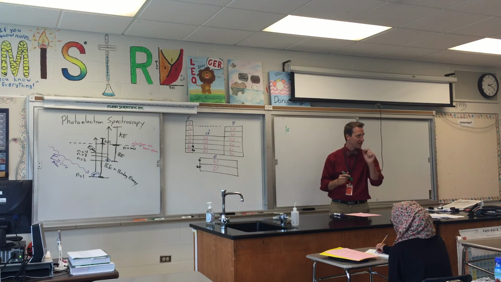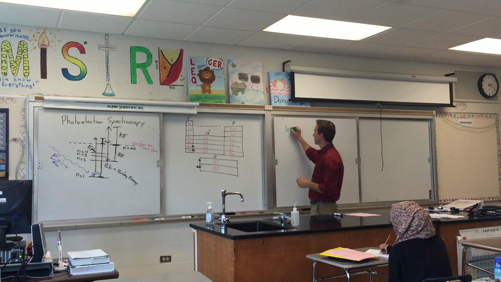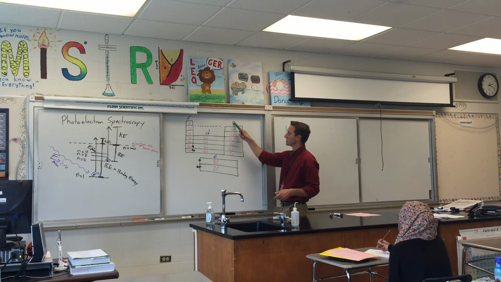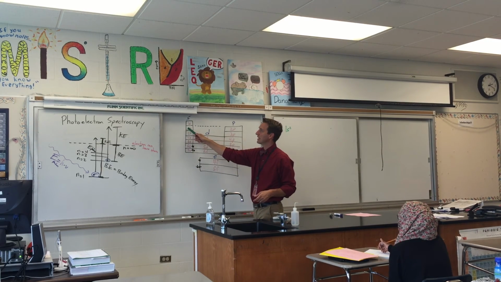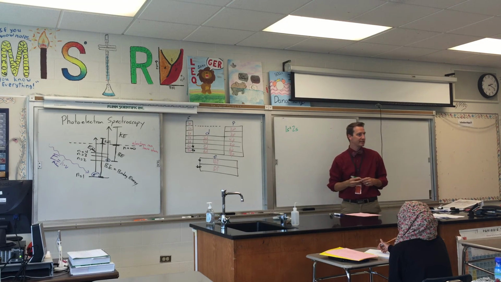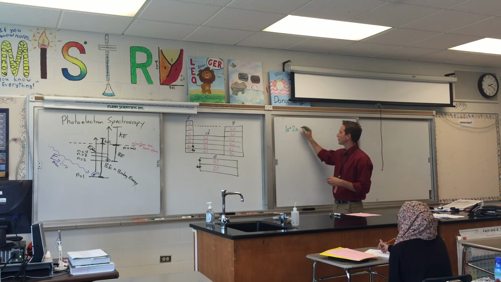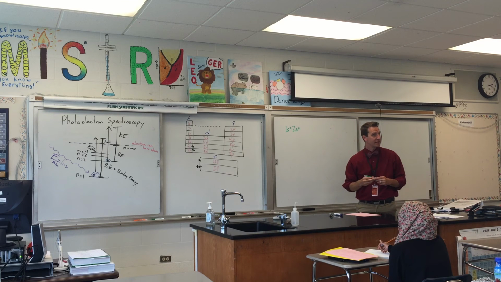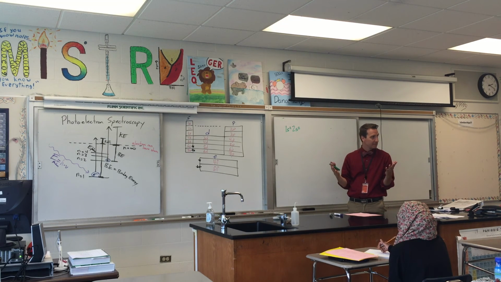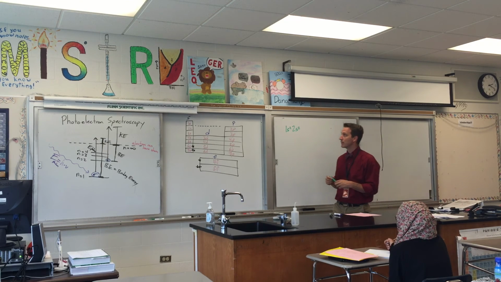So how many elements are in that column on the left? 2. So 1s can hold 2. We go across, there's nothing there, so we go to the next row. The next thing we hit is 2s. How wide is the 2s? 2 elements, so it can hold a maximum of 2 electrons. Again, remember lithium doesn't need to hold 2 because lithium only has 3 electrons. So lithium is 1s2, 2s1.